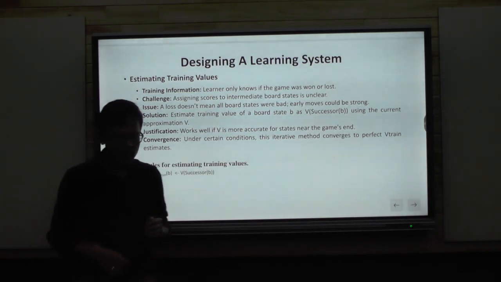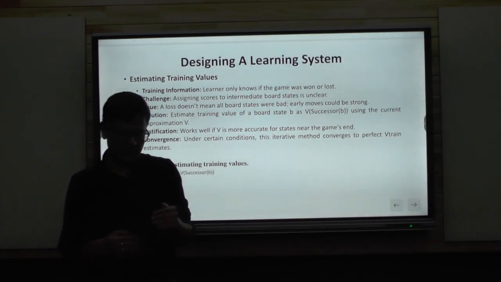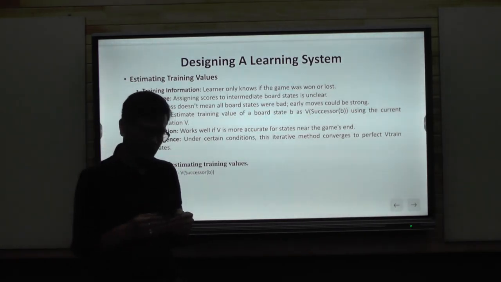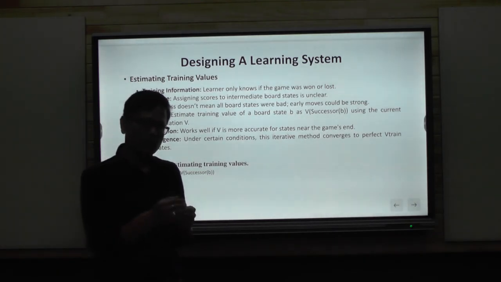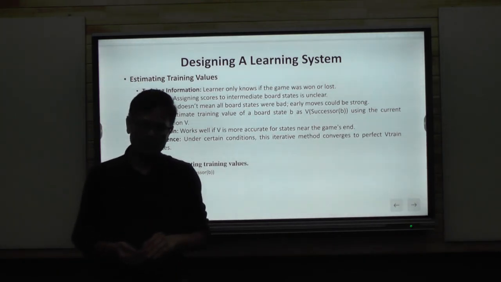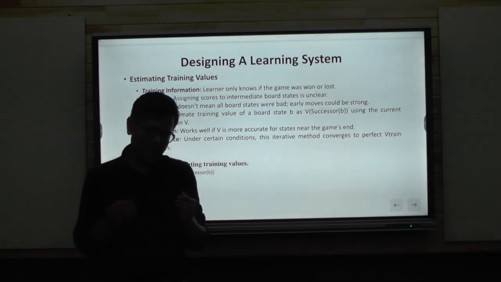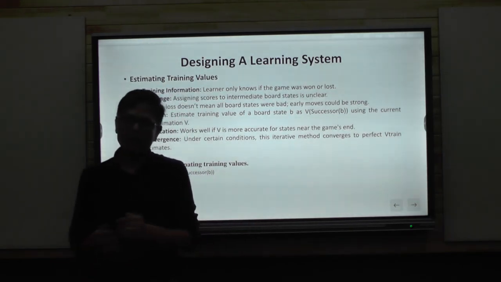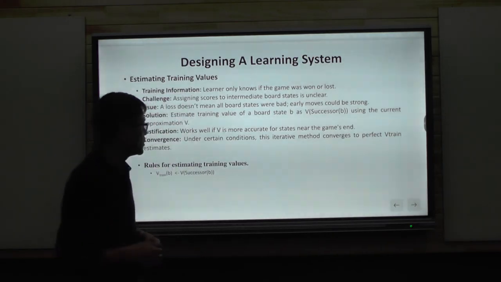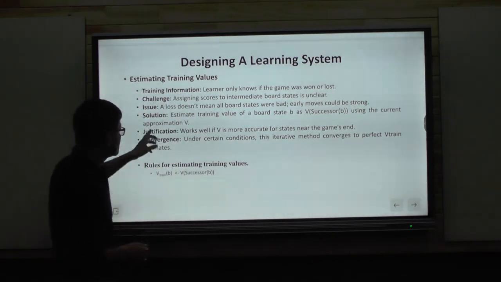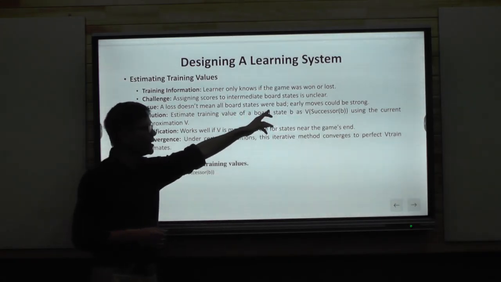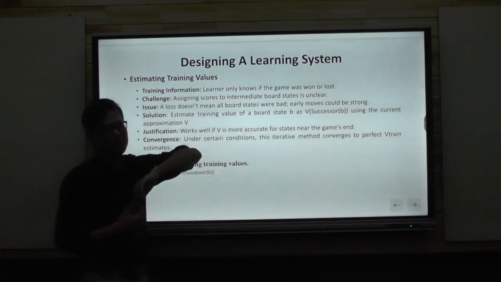Unclear in the sense that when you start playing, there could be a situation where you are losing the game, and with the choice of correct moves, you can reverse the situation. It is applicable for the black side and for the red side. So the issue is that losing doesn't mean all the board states were bad. Early moves could be strong.